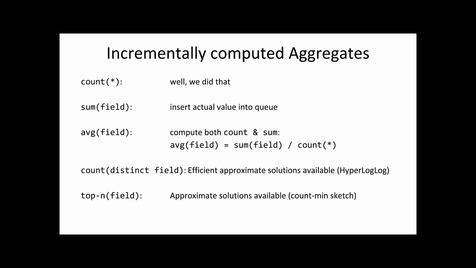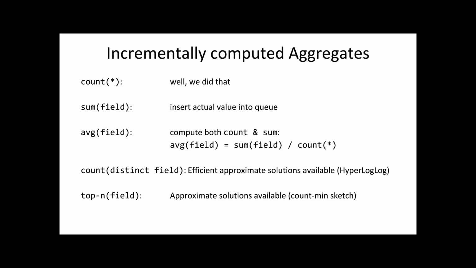Let's say you want to count the number of distinct users that committed or distinct repositories that had events. HyperLogLog can keep track of this incrementally, and it won't give you an accurate result, but it will give you an approximation that's within a few percent of the actual value, which for generating graphs is often good enough.